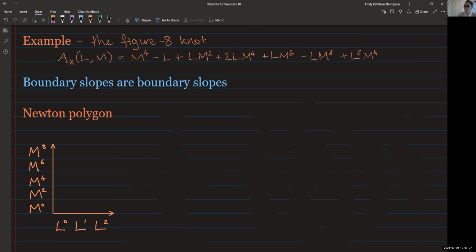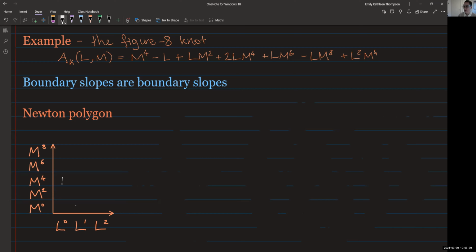Basically what we do is we look at this lattice of the coefficients. So let me fill this in. For the figure 8 knot, we can take all of these terms and put them into this grid. The first term is M to the 4, so we put in its coefficient here.